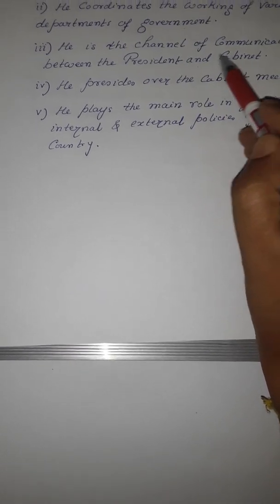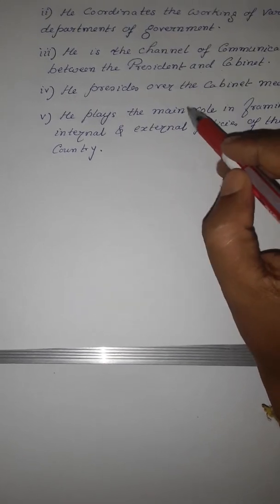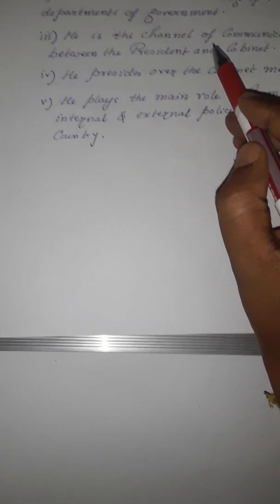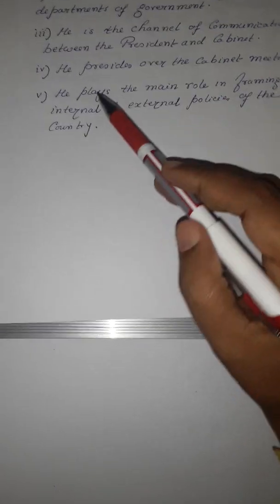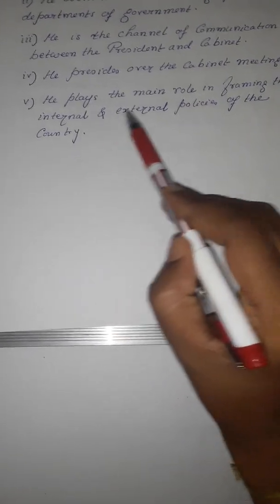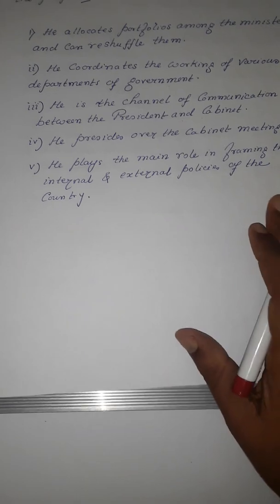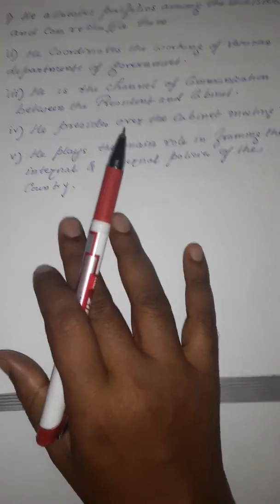Generally the cabinet includes all the important ministers. Whenever there is an important meeting, it is presided over by the prime minister. Fifth, he plays the main role in framing the internal and external policies of the country. So these are the main powers and functions of the PM.